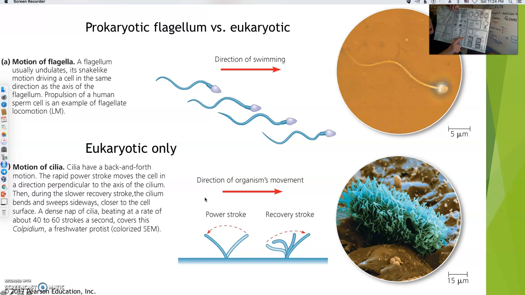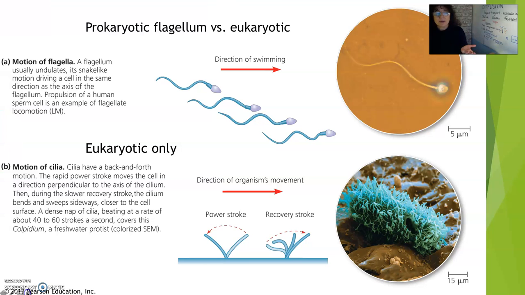So pseudopods can extend out the cell membrane, but they're only linked with amoeboid shapes. I hope that helps you a bit with the cytoskeleton that is similar and related in both prokaryotes and eukaryotes. I'll see you on the other side.